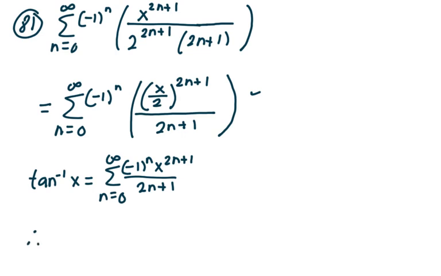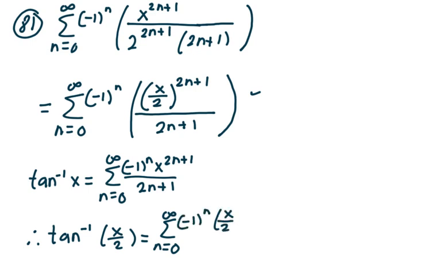And so therefore, arctangent of x over 2 is the summation from n equals 0 to infinity of negative 1 to the n times x over 2 to the 2n plus 1 divided by 2n plus 1. And if I go to simplify that, you can see that I'm going to get my desired result.